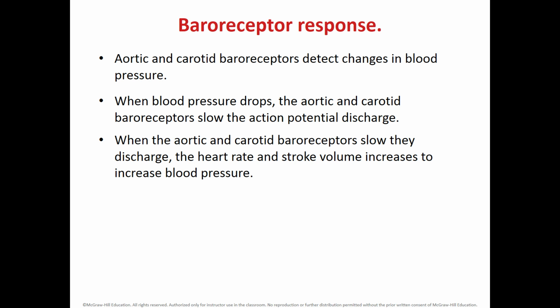So this is another key point that you need to understand, that low blood pressure will decrease the discharging of the aortic and carotid baroreceptors, and this will have a response, which will be increasing the heart rate and increasing the stroke volume to increase the blood pressure so you don't faint.